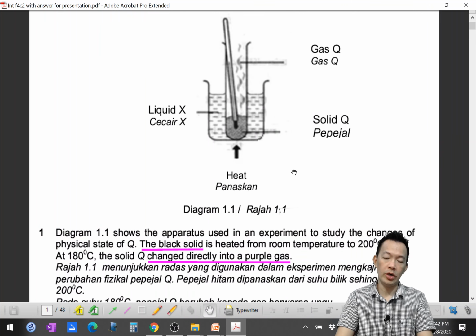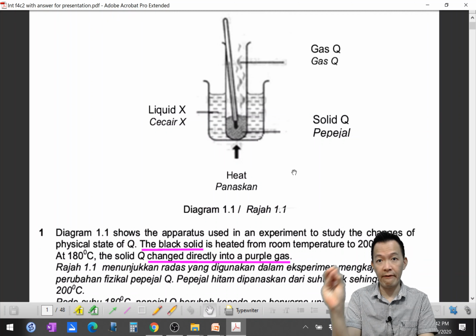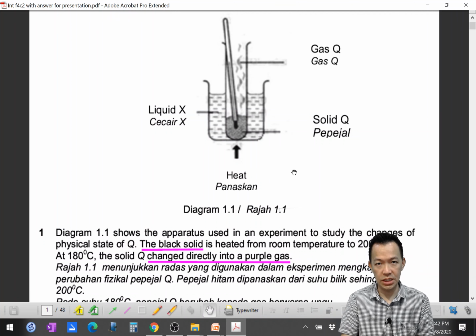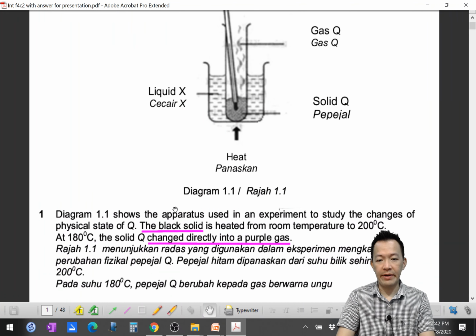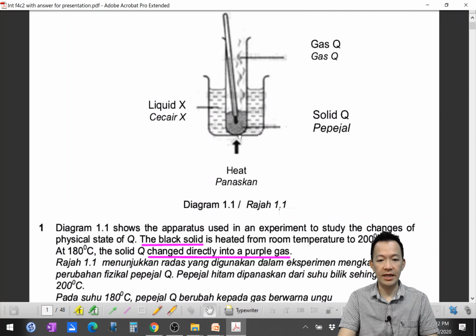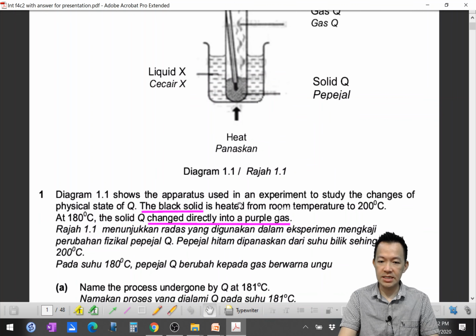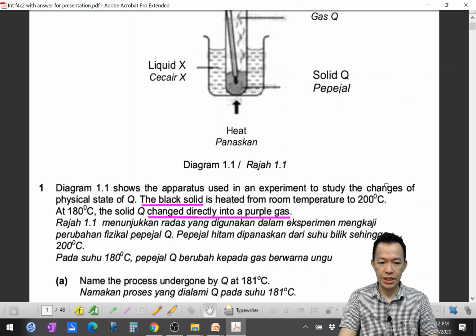废话少说，我很多东西要讲，从 Form 4 讲到你的 Form 5 Chapter 5，不是玩的事情来的，明白吗？OK, start now. 当问题有问题，你会错的时候，我会特别停下来给你错的，相信我。So diagram 1, the apparatus used in an experiment to study the changes of the physical state of Q. The black color solid is heated from room temperature to 200 degrees Celsius.